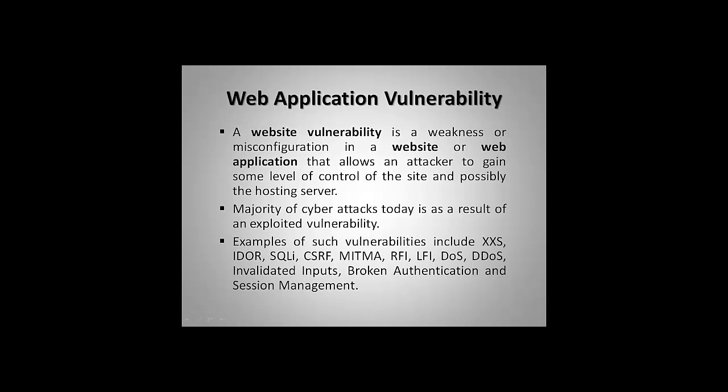Examples of such vulnerabilities include cross-site scripting, insecure direct object reference, structured query language injection, cross-site request forgery, man-in-the-middle attack, remote file inclusion, local file inclusion, denial of service attack, distributed denial of service attack, invalidated input as we mentioned above, broken authentication, and session management.